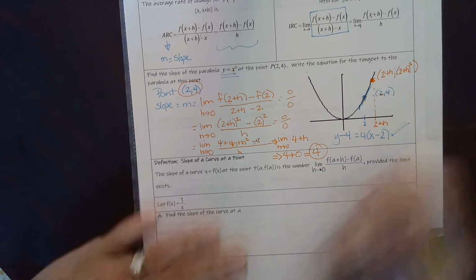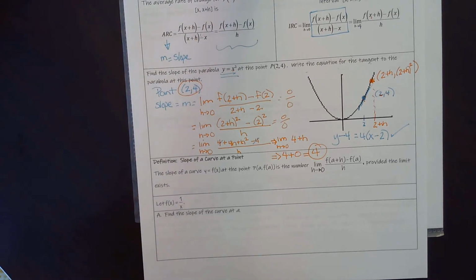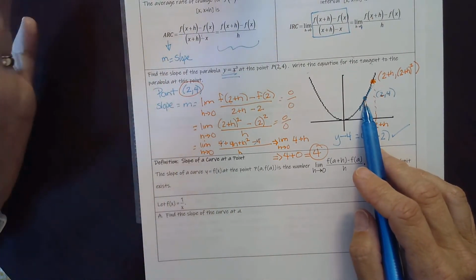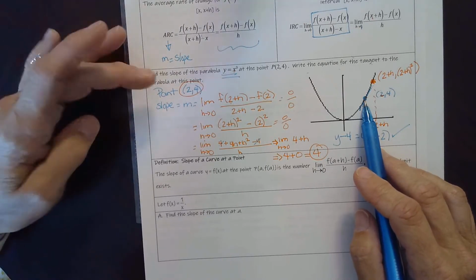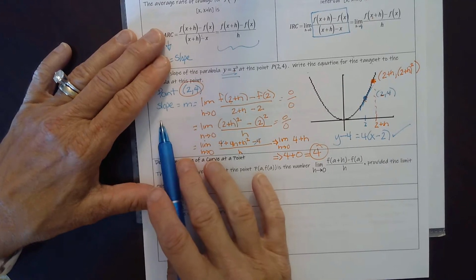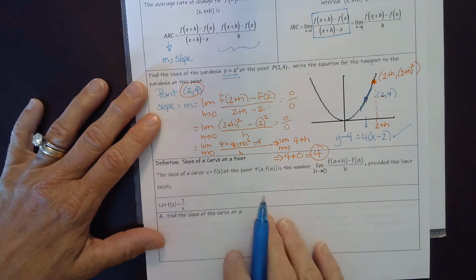And there is your equation. y minus 4 equals 4 times (x minus 2). And so when you're asked to find the equation of the tangent line at a particular point, you just have to figure out what the point is, and you have to determine the slope. And the slope is going to be determined using limits.